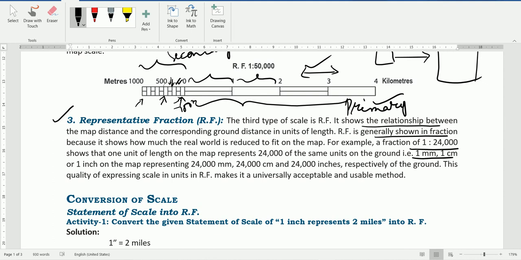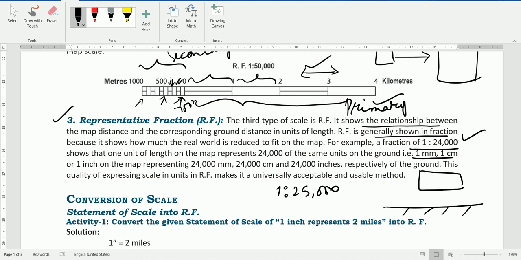This quality of expressing scale without units makes it a universally acceptable and usable method, because it does not give any unit of distance or measurement. It gives simply a ratio as given here, 1 is to 25,000.